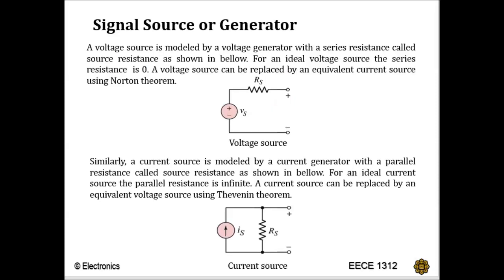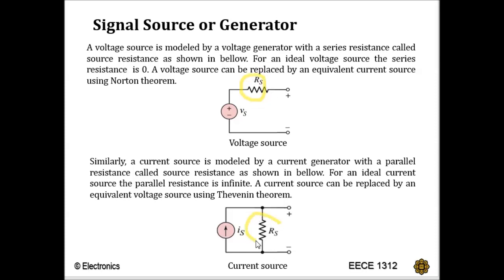Next is just transforming your voltage source into your current source. This is what you have learned in your circuit class. Your voltage source is normally in series with your RS and your current source is always in parallel with your RS, and normally they will have the same resistor.